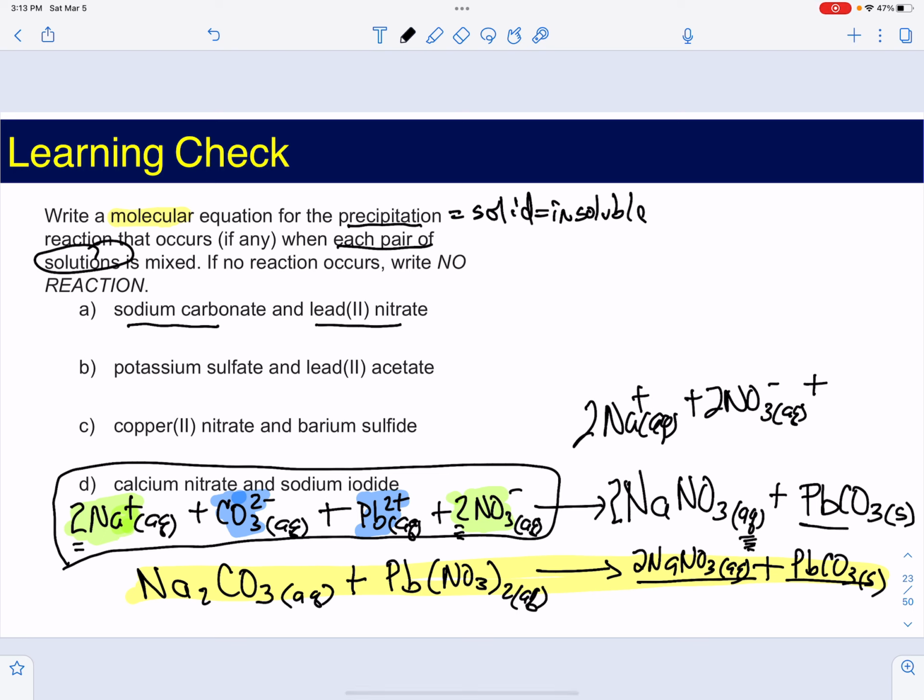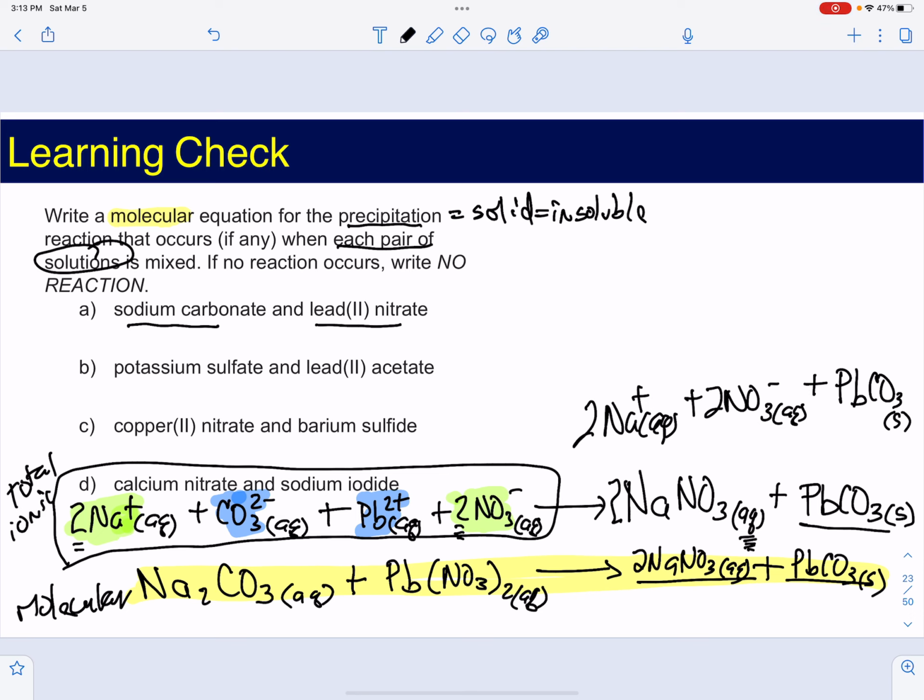So when we come into the last one, that's a solid. So solids and liquids, you cannot break them into the ions. They will not separate into the ions. Solids and liquids, you keep it the way it is. And this is what we call, so this is the molecular, and this one is what we call the total ionic.